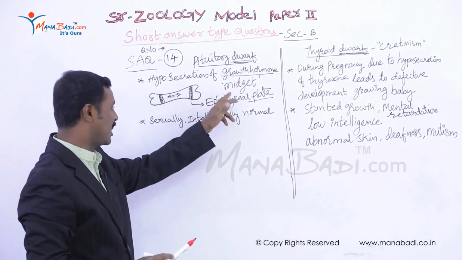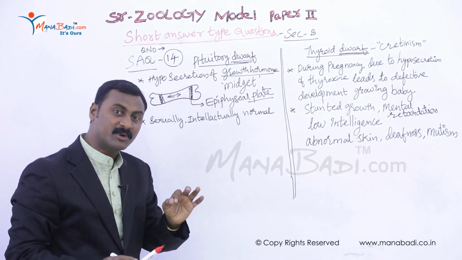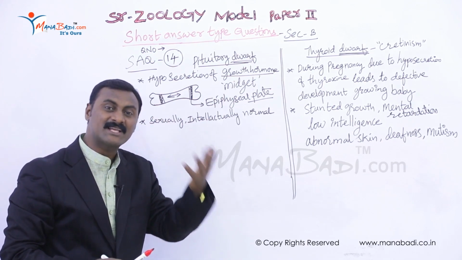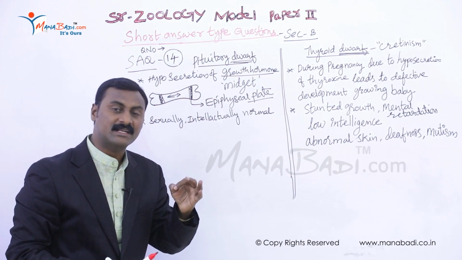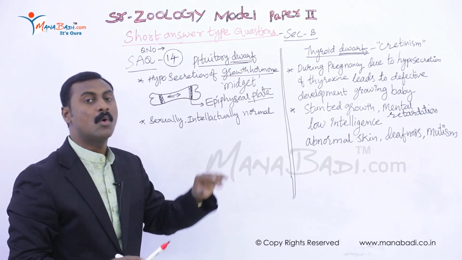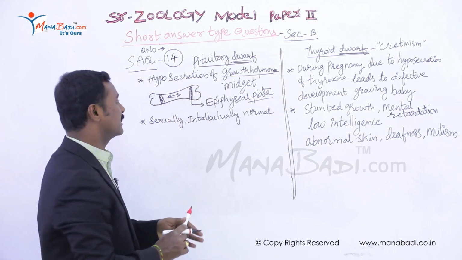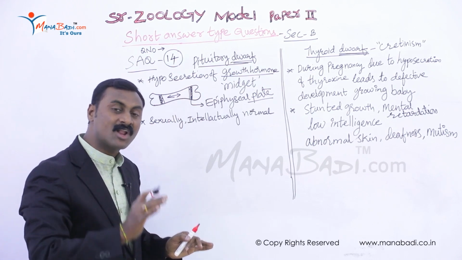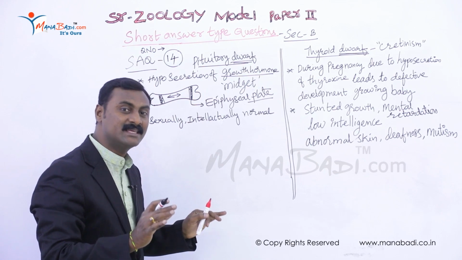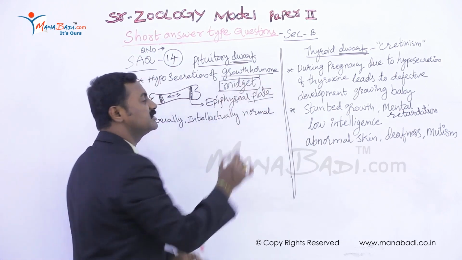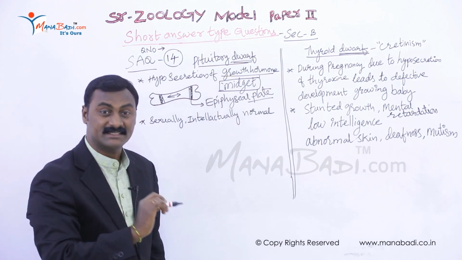Even though they are short, their sexual reproduction as well as their mental ability and intellectuality are perfect, like normal people. Only the problem is related to height. All the remaining activities are normal like healthy people. This condition is also called pituitary midget.